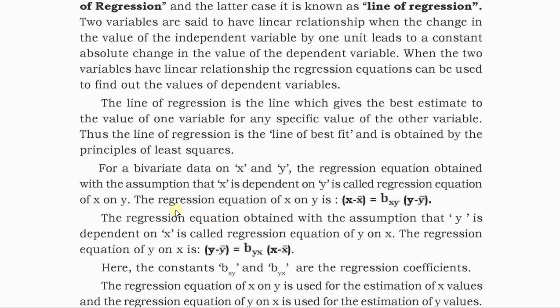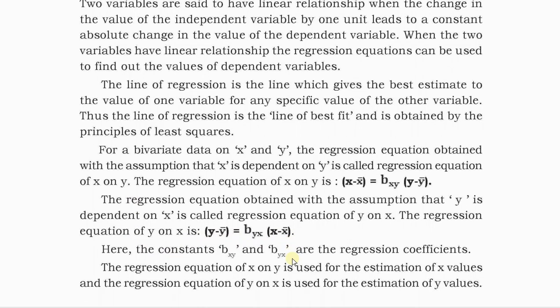Similarly, the regression equation obtained with the assumption that y is the dependent variable on x is called the regression equation of y on x. So y on x means y is dependent on x. The regression equation of y on x is y minus y bar is equal to byx into x minus x bar.